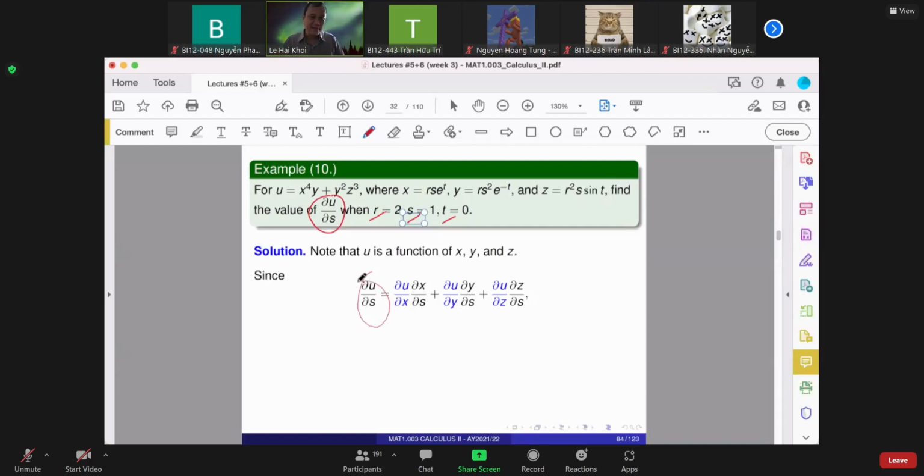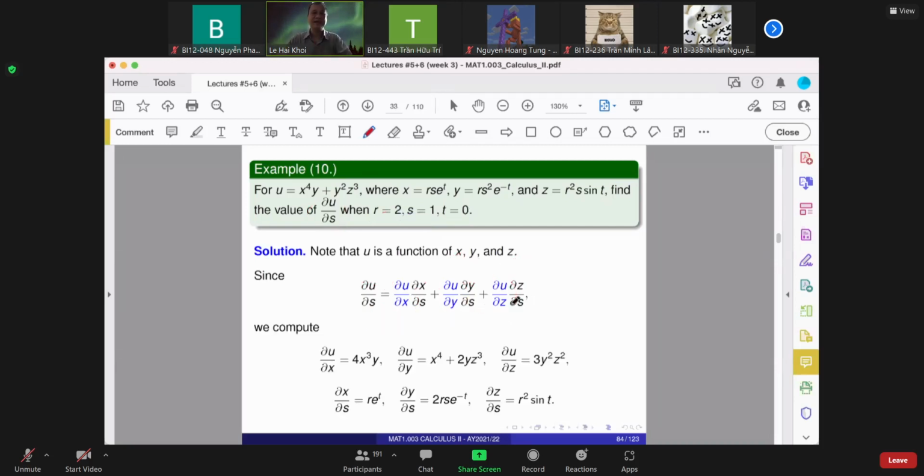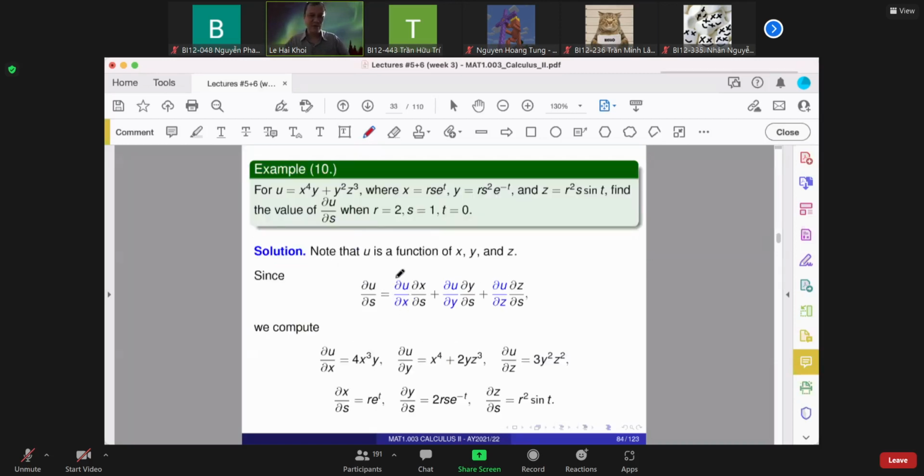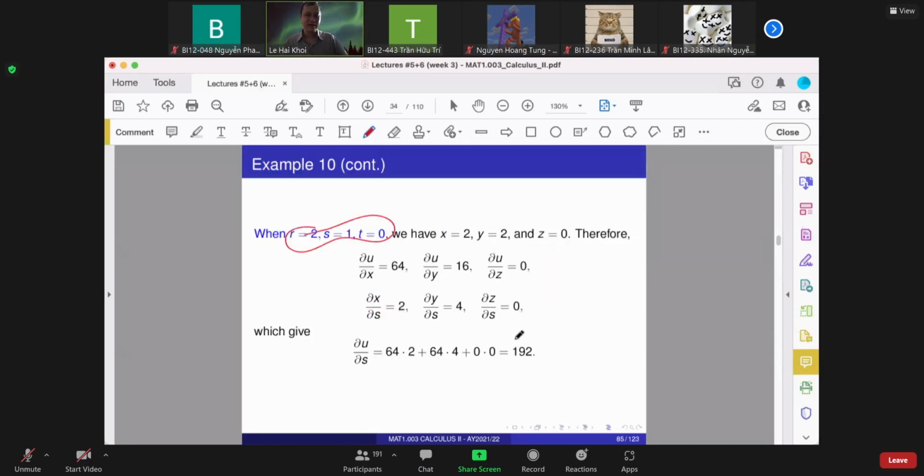For du over ds, of course, u is a function of x, y, z. You should have the partial derivatives with respect to x, y, z, and then multiply by the derivatives of x, y, z with respect to s, and substitute the formula. You can compute, and at this particular point, you get the value for each one, and then you get the answer, which is 192.